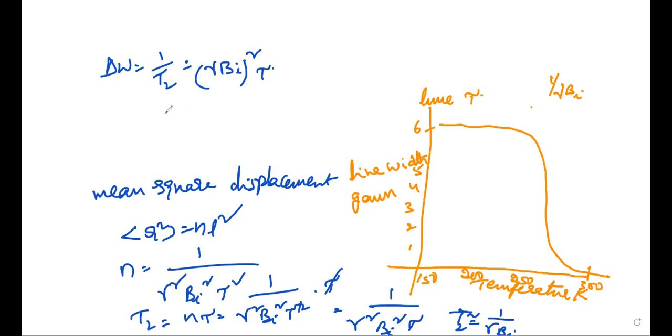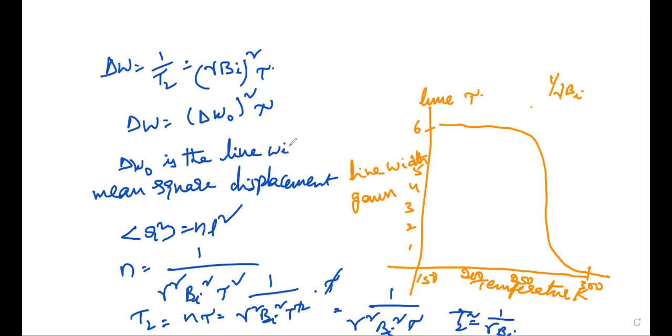Then delta W can be written in terms of delta W naught square into tau, because delta W naught is equal to gamma B_i, where delta W naught is the line width in the rigid lattice.